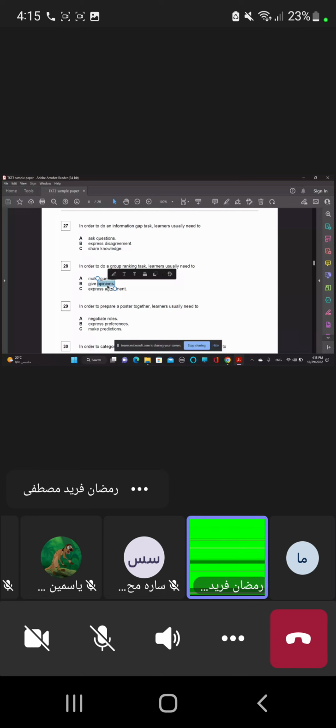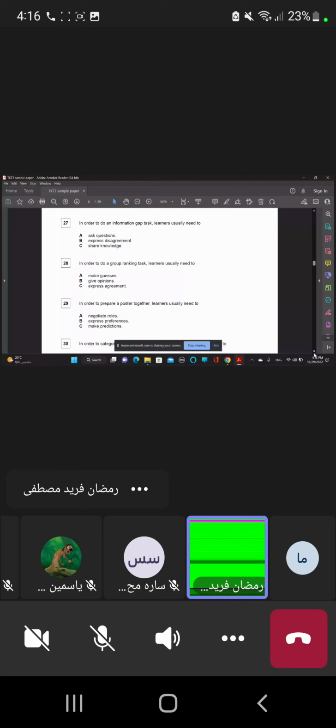Yes. Express agreement. Yes. By the way, express agreement and give opinion are really very similar. So the one that does not complete the statement is make guesses, because it's not about guesses here. So for 28 we take A, and mark it in the answer sheet as A.